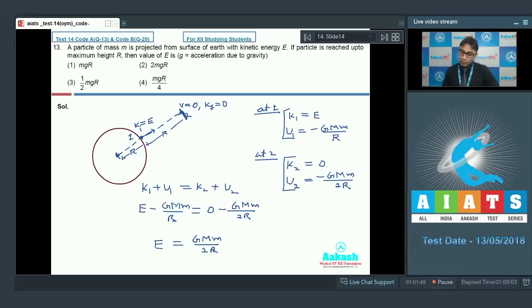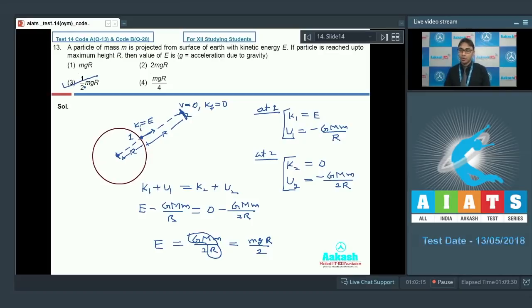And we know that acceleration due to gravity can be written as GM by r square. So if I replace this GM by r with acceleration due to gravity, we can write mgr by 2. So this is our energy E. So from this we can say that our option number 3 will be correct.